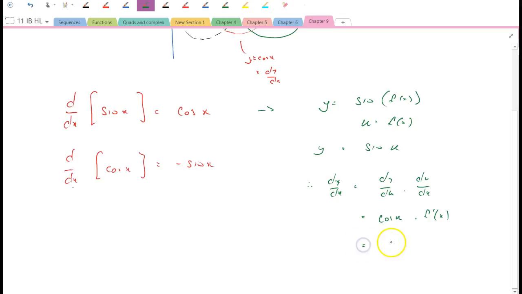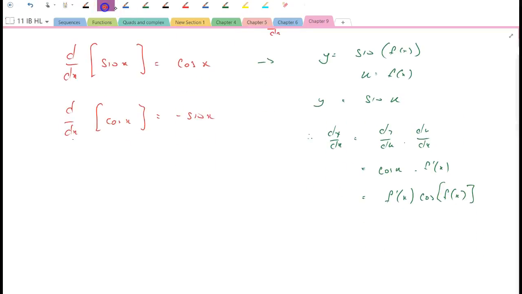So we get dy/dx equal to f dash x cos u, and u is equal to f(x), so cos f(x). So for a function of x, we will go to deriving that function of x, f dash x, changing the sine to a cos, and the function holds.